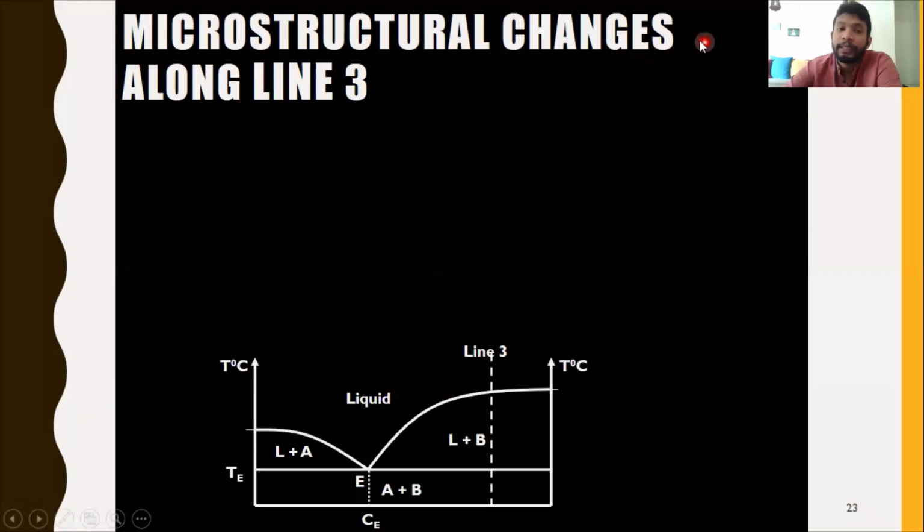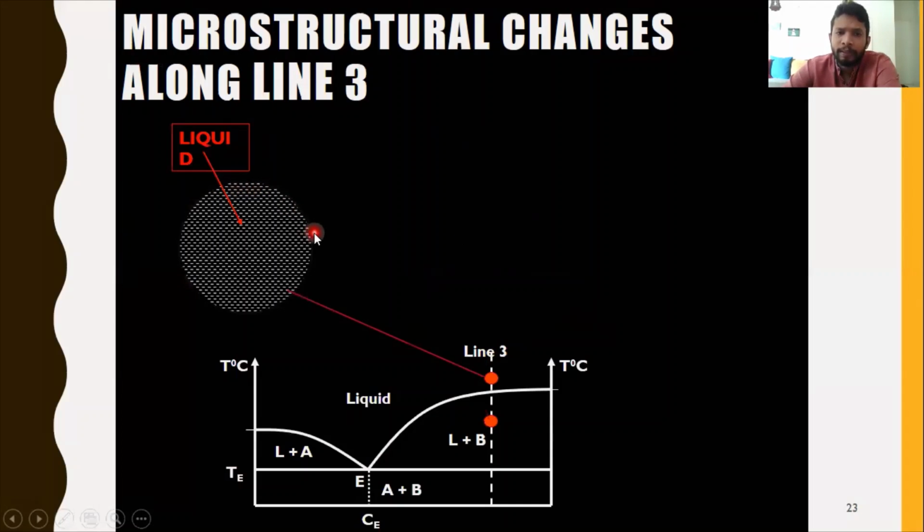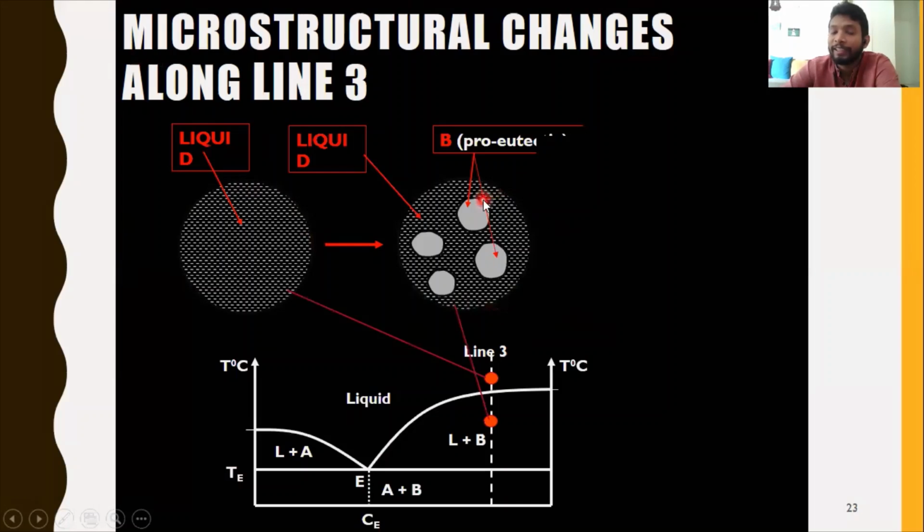So the microstructure changes along line 3. It's quite the same as earlier. Liquid first, then what occurs here? Since this side is rich in B, B solidifies first in this region.